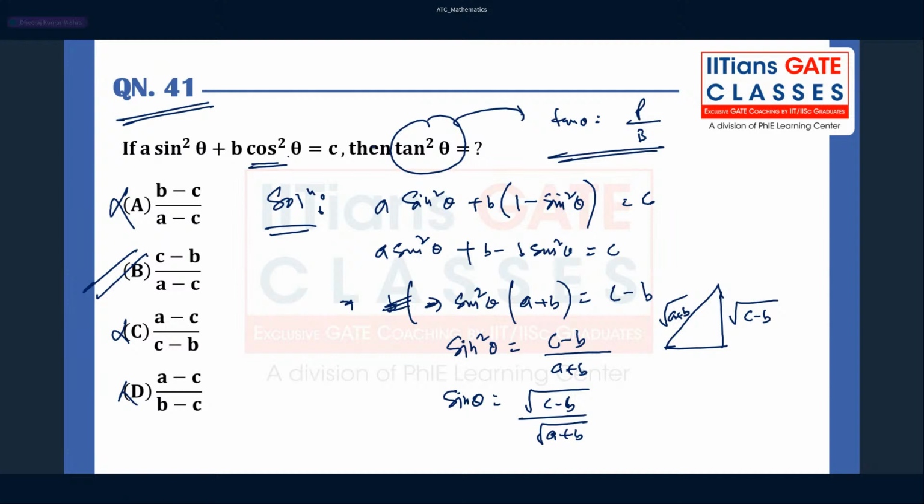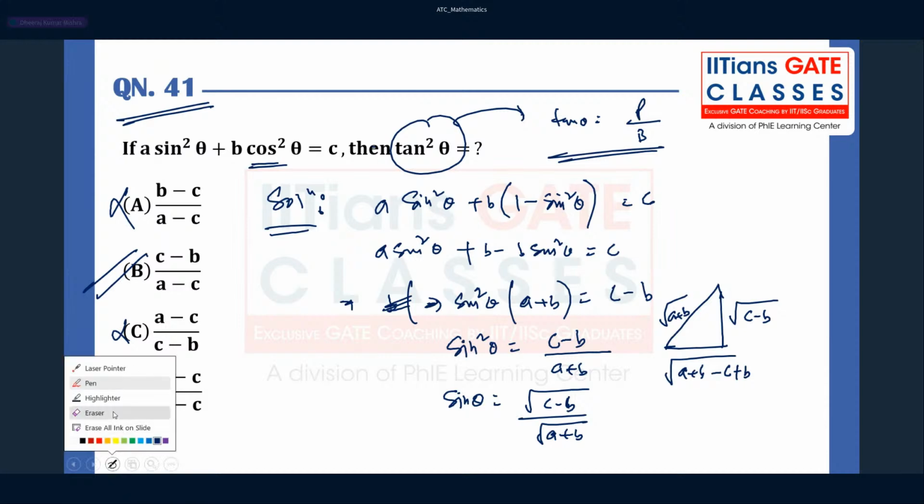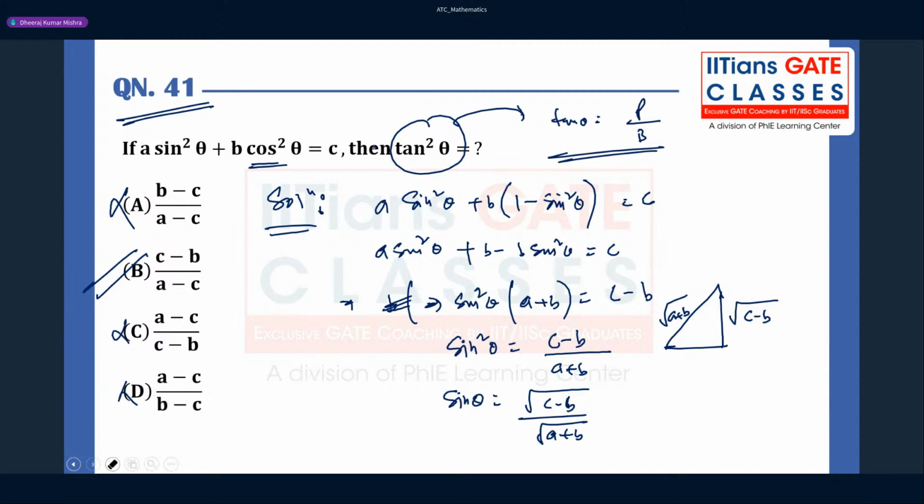The base will be square root of A plus B minus C. So here B will get cancelled, and it will be C minus B only. Fine. So option B will be correct for this question.